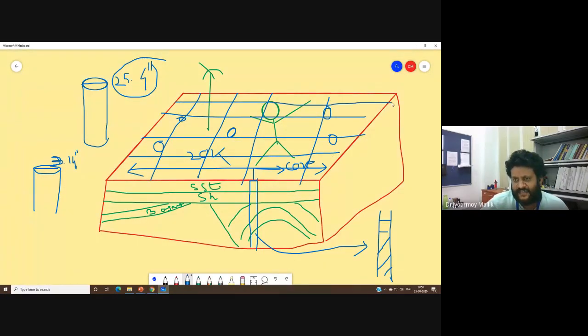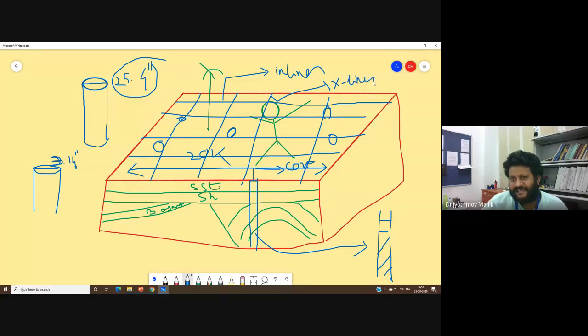Maybe I can get a picture of all the layers along all these lines. Maybe we call these lines in-lines, and we call these lines cross-lines.